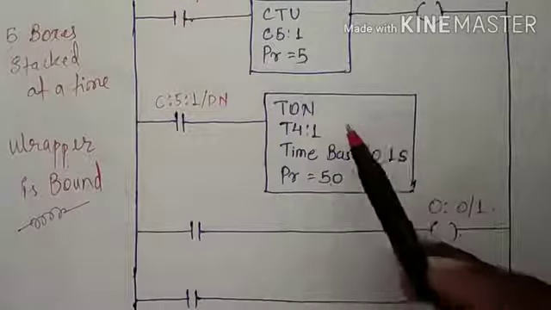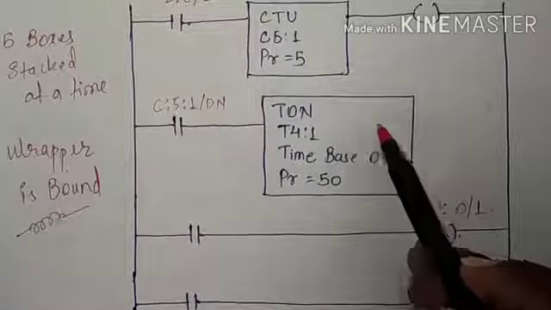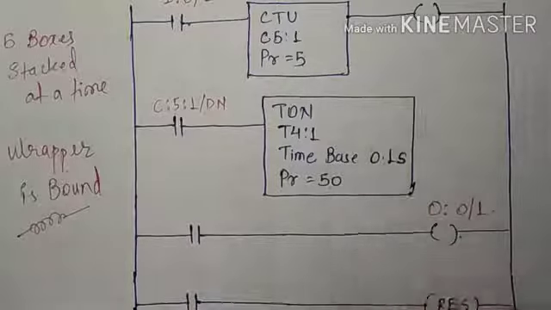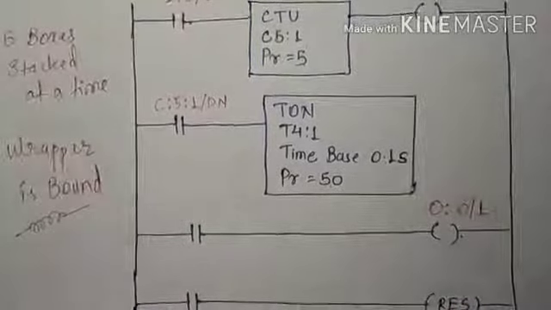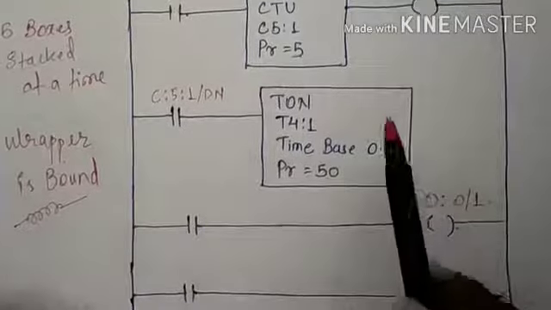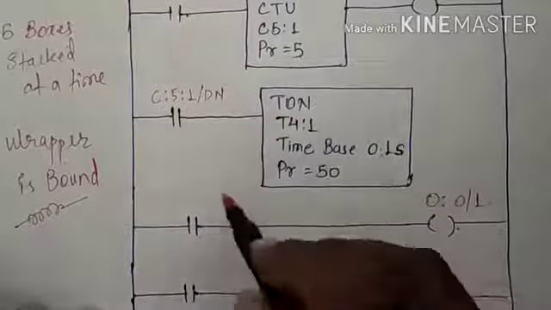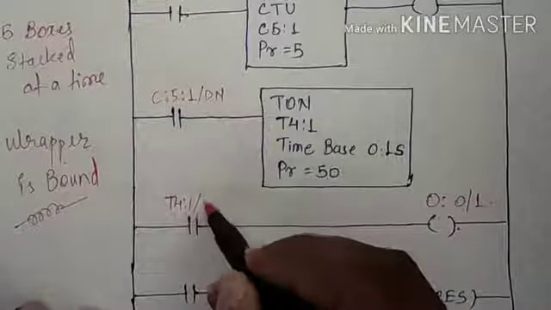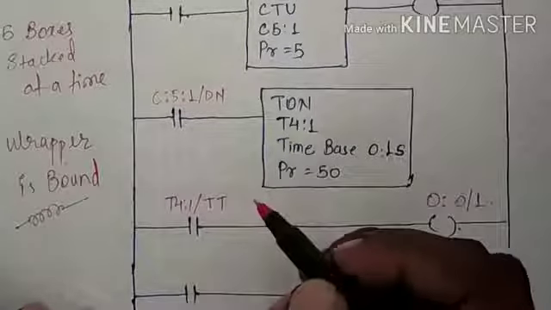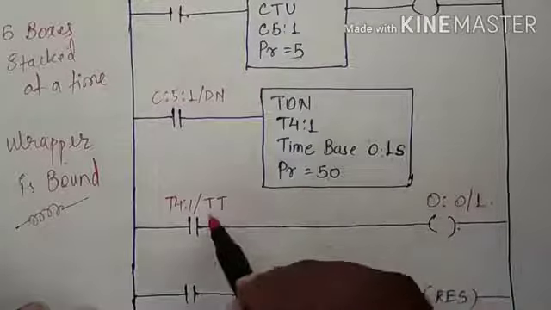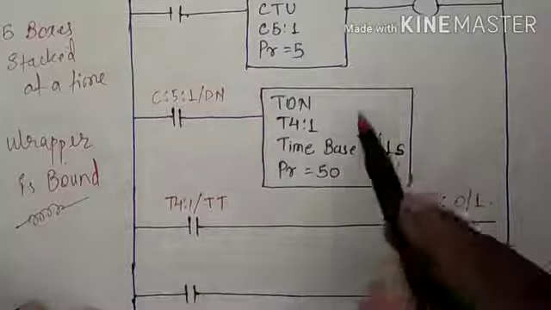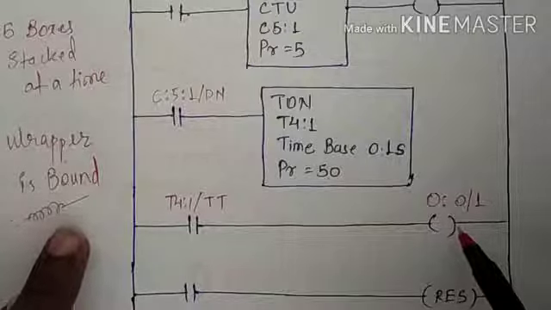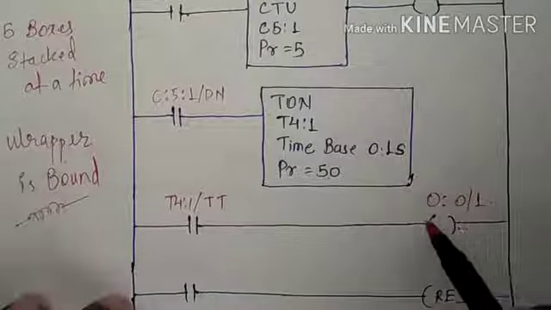As we know, when the timer is running, counting, its accumulator value is counting. Then which bit of the timer is set? The T4:1/TT bit will be set when it is running. During the running, the output is wrapping of the boxes. So it will happen here.